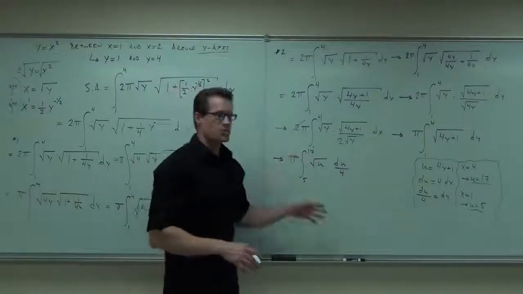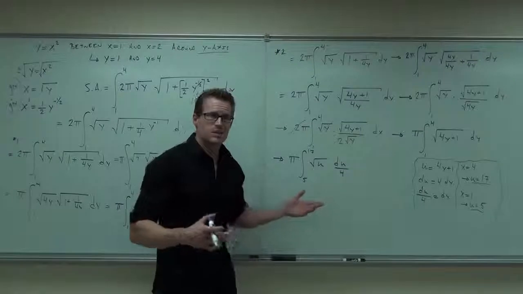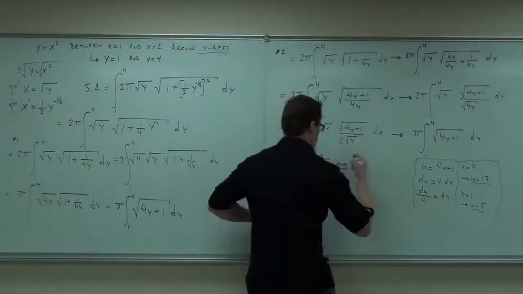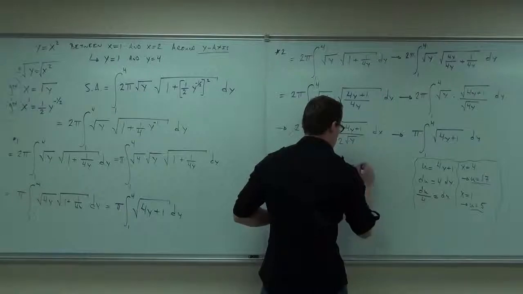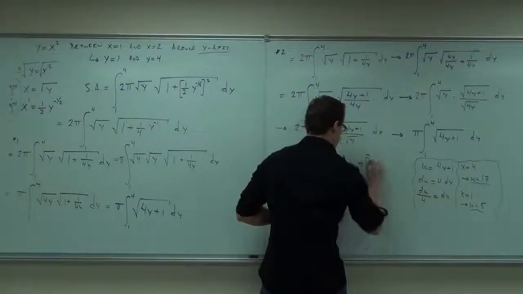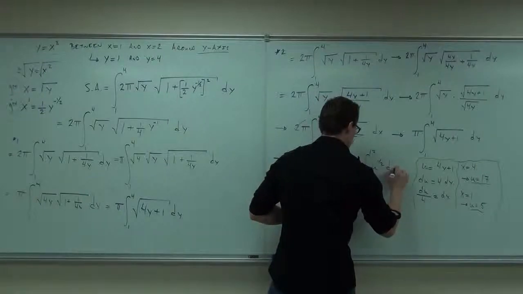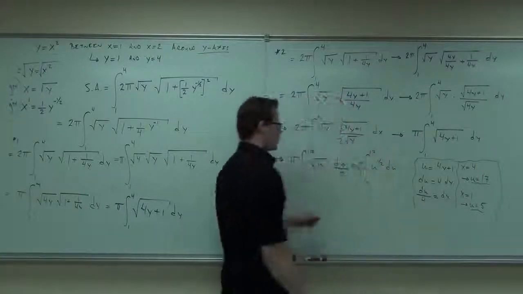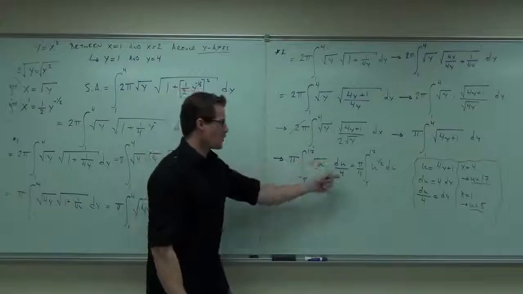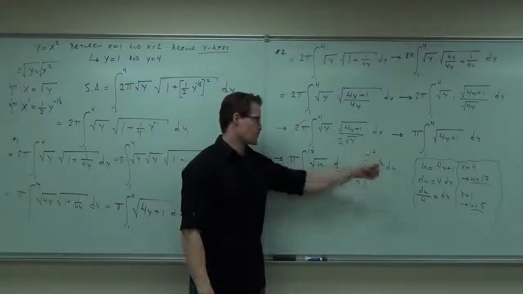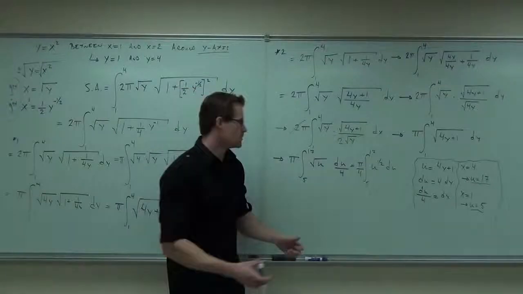Are you ready to do the integral? Yeah, it basically fits our integration table. Maybe I'll write it one little different way here. Pull that 4 out in front. We have pi over 4, u to the 1/2, going from 5 to 17. Basic integral.